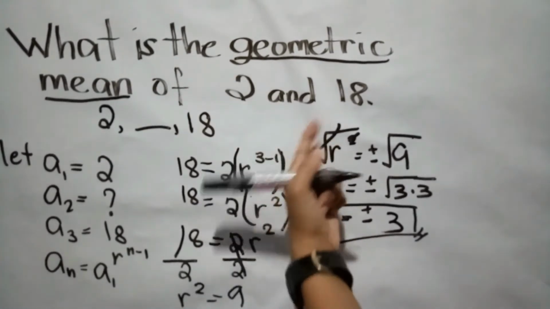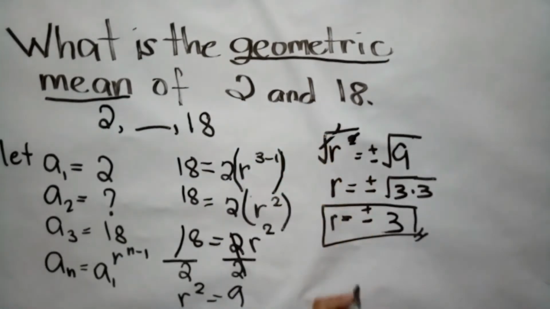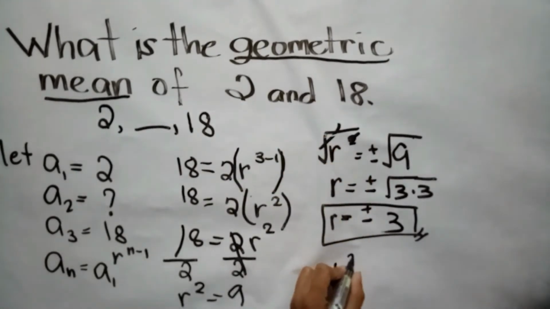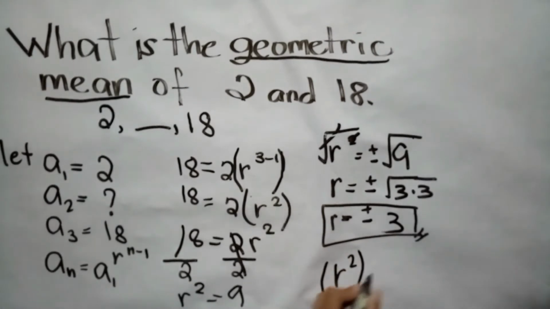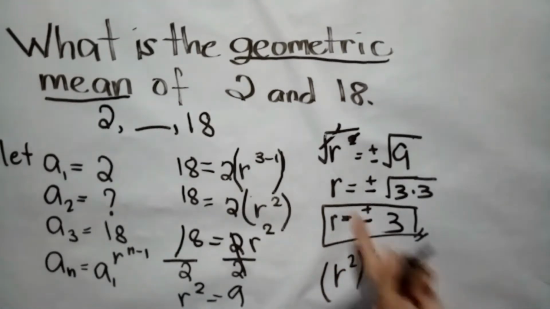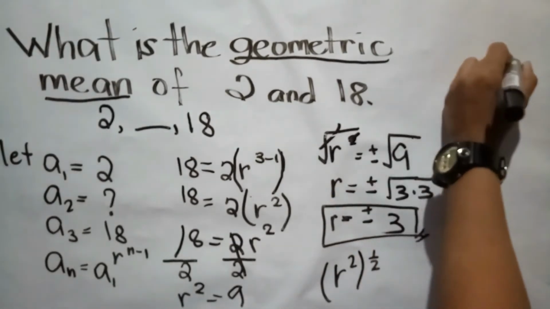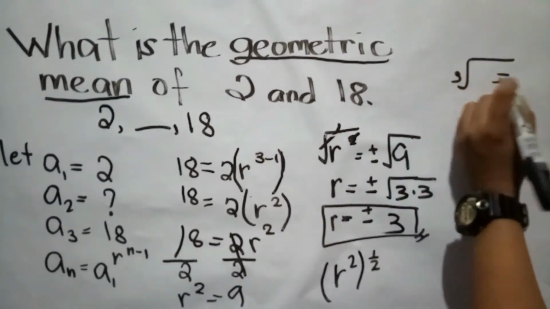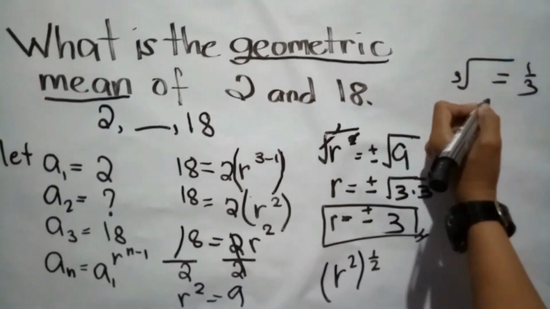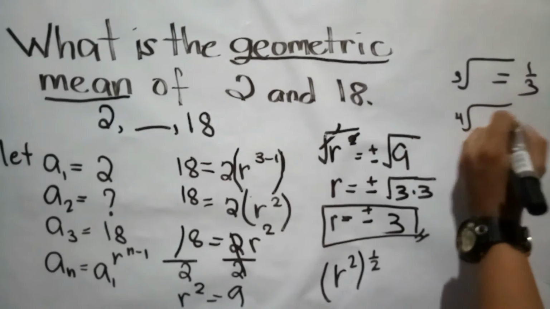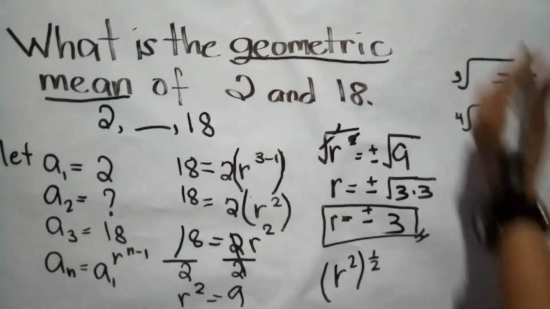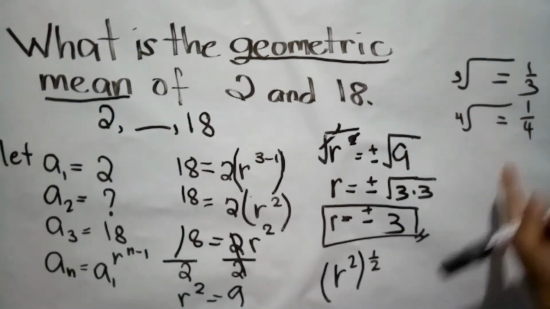How do we get r from the square root of r squared? It looks like this. R squared is being multiplied by 1/2 for the square root. For the cube root, we multiply by 1/3. For the fourth root, by 1/4.